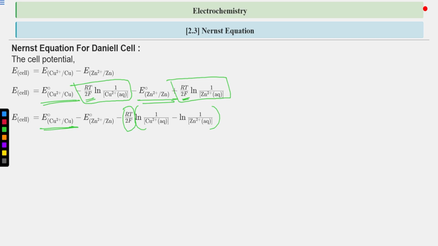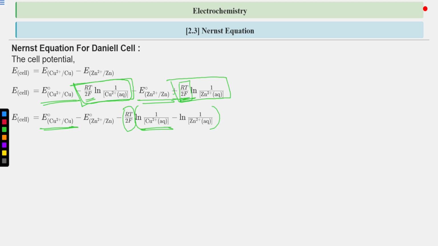So if you take the minus RT by 2F common from this term, the left will be ln 1 upon copper 2 plus concentration, right? Similarly, we write here ln 1 upon copper 2 plus concentration. And here we have taken RT by 2F and the minus sign outside, but the term is positive.